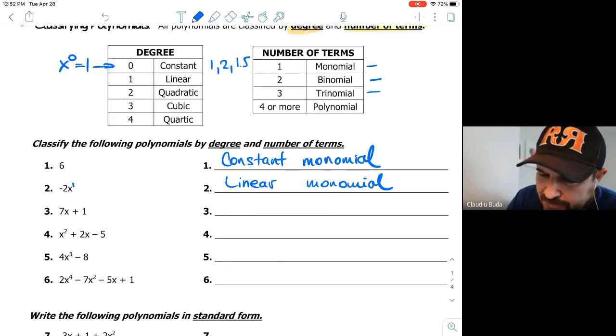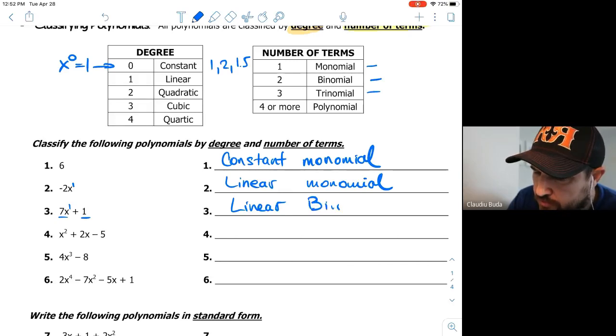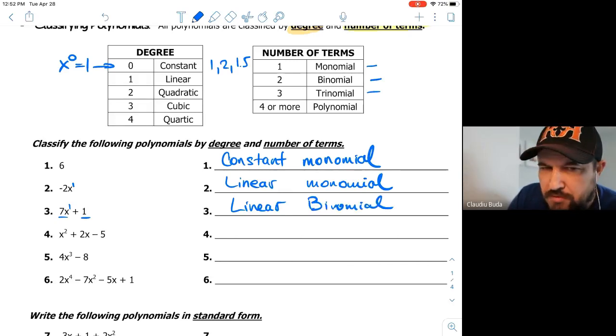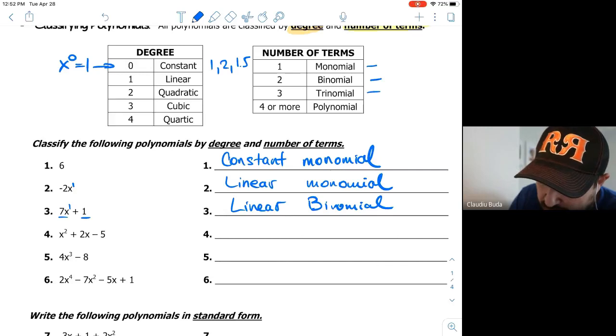Okay. Number three, we have x to the first power, so it is linear. And we have 1, 2 terms, that is a binomial. Okay, number four, we have x to the second power, right here.